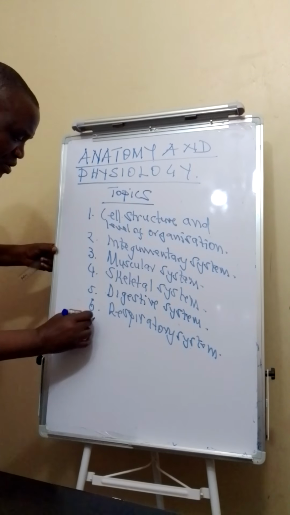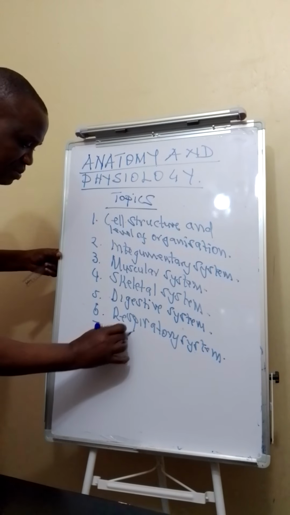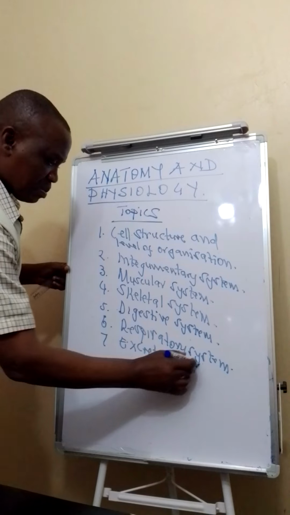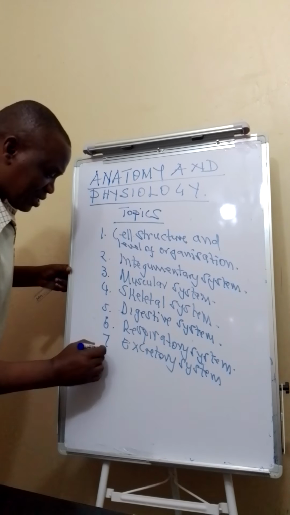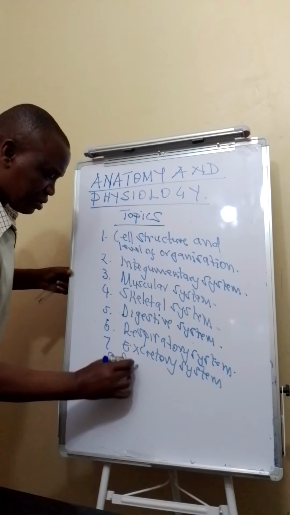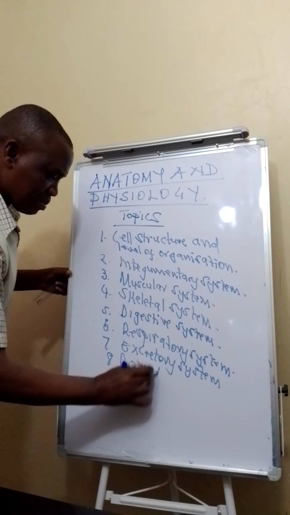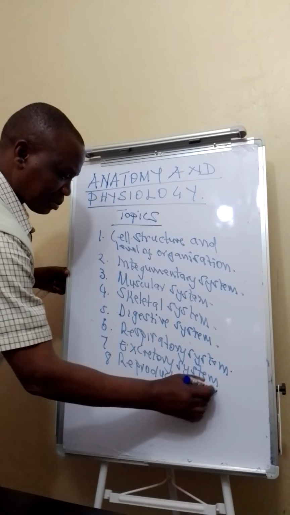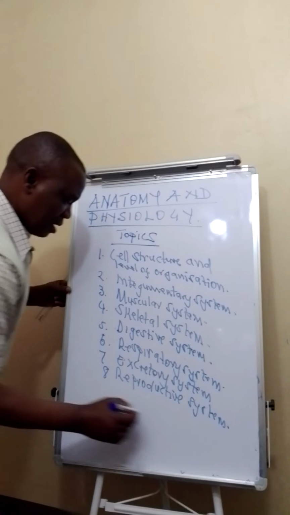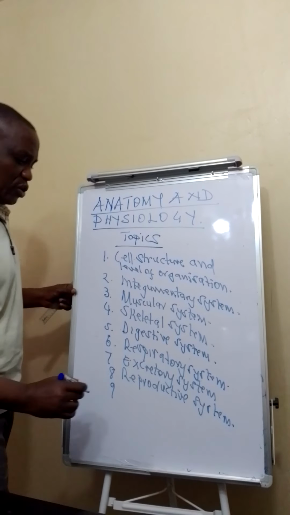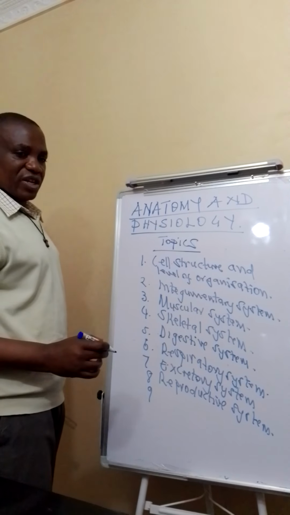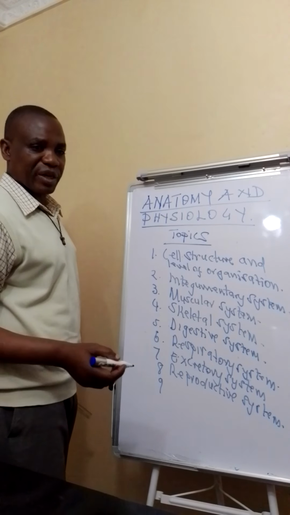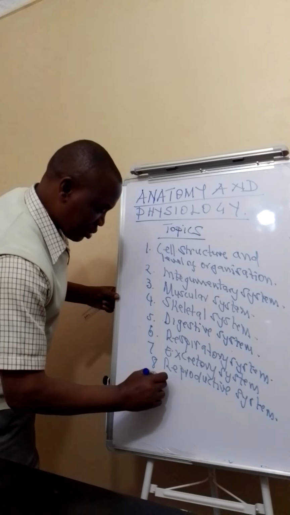You also have the excretory system. The excretory system is closely related to the reproductive system. Then, in the body, there is need to carry out coordination, how the body coordinates with the external environment and the internal environment. Then you have the nervous system.